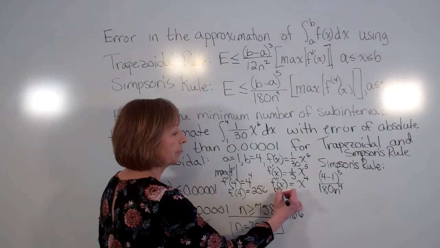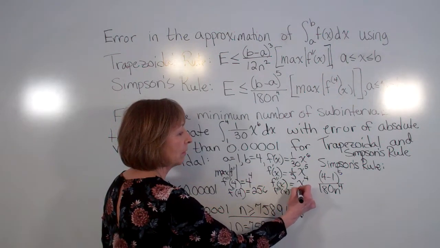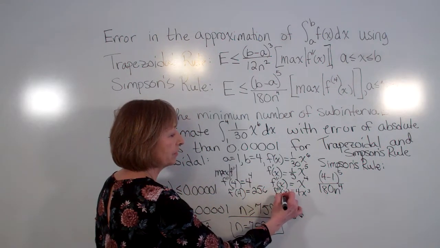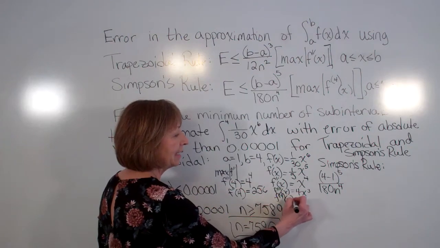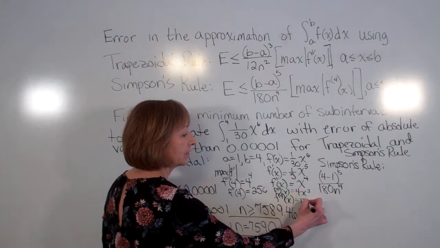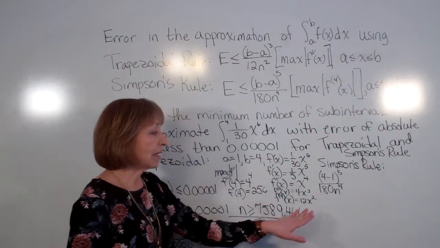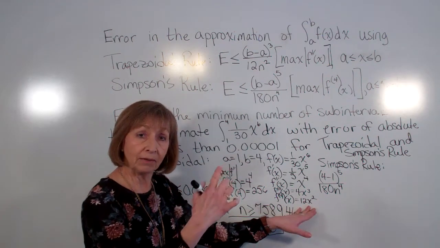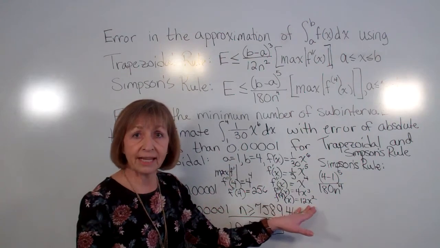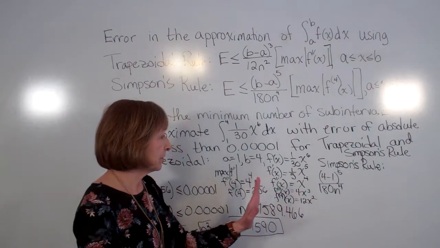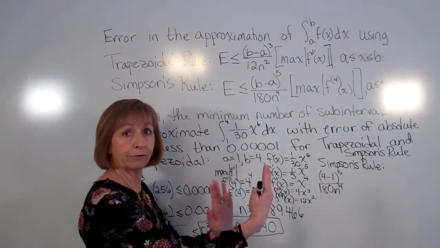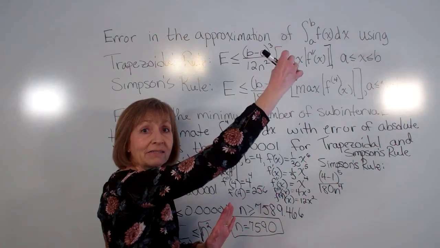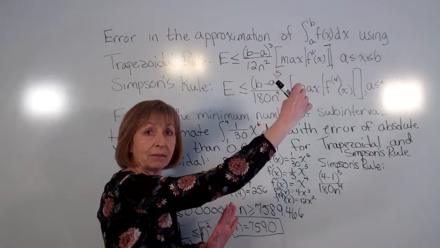The third derivative is 4x to the 3rd, and the 4th derivative is 12x squared. Well, 12x squared is a parabola going up. Its vertex is at 0, 0. So over the interval from 1 to 4, again, it's going to be positive and have its highest value at the right endpoint.